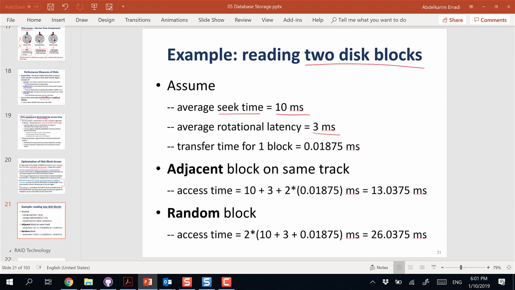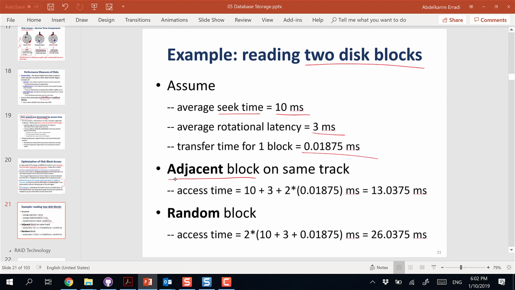And the average rotational latency, which is the time it takes for the platters to rotate and come under the head for us to be able to read, is 3 milliseconds. And the transfer time for one block is negligible, less than 0.08 millisecond, okay?